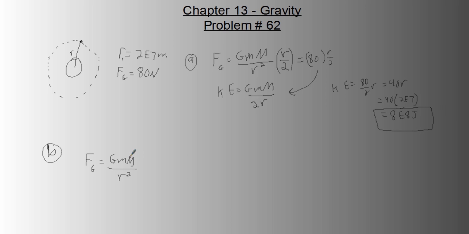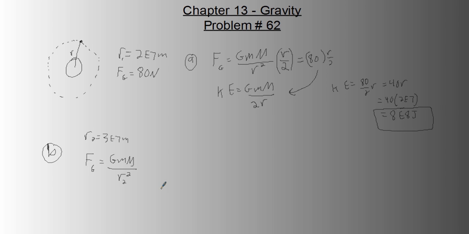We have a new radius, though. We want to know what the force is at a different radius, where r2 is 3e7 meters. So we're going to call this r2, the force of gravity at this new location.